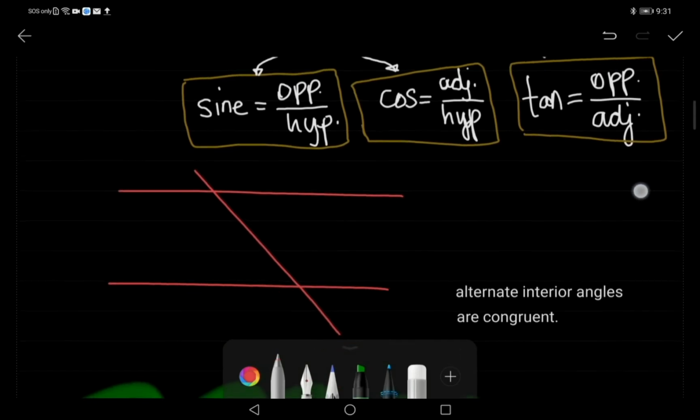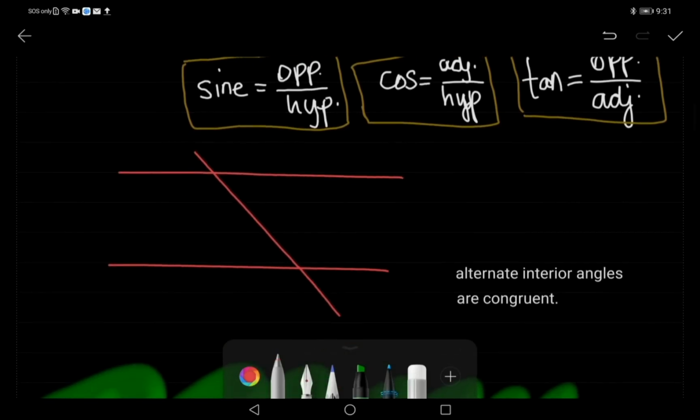So we have here two parallel lines, and this is cut by a transversal line. So this is the transversal line.